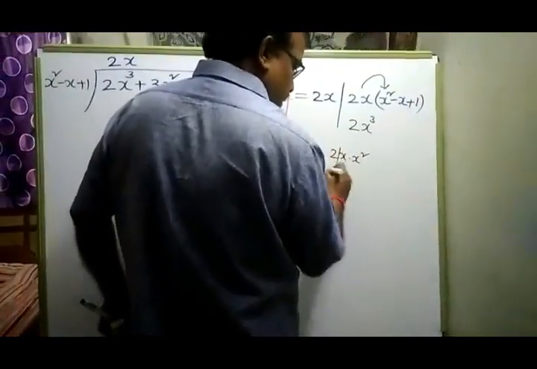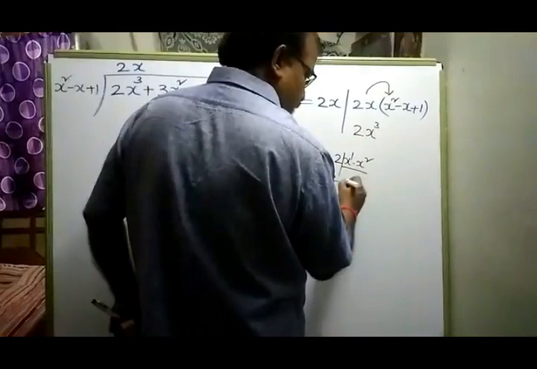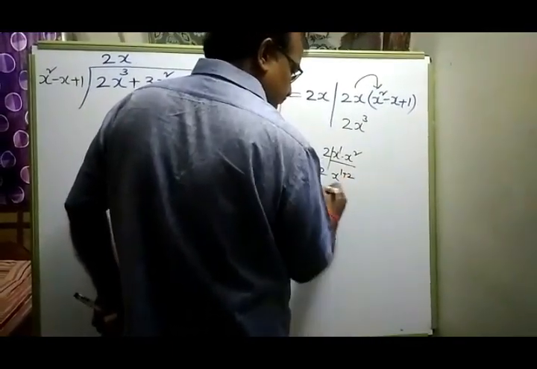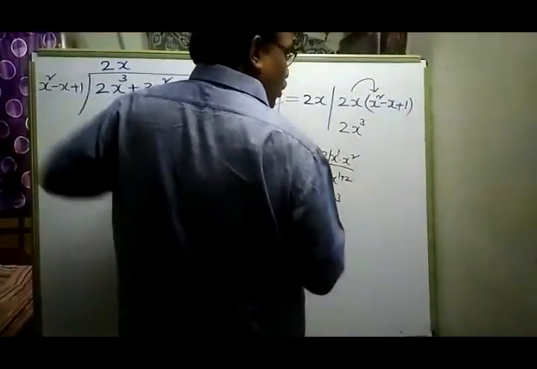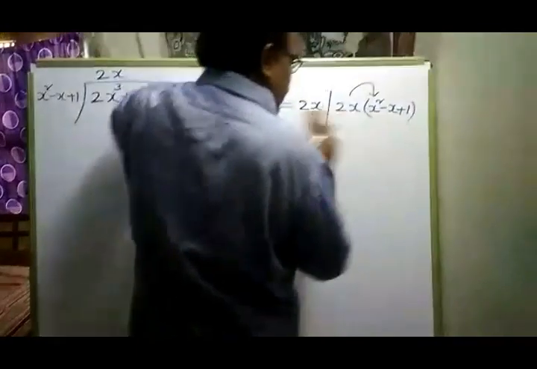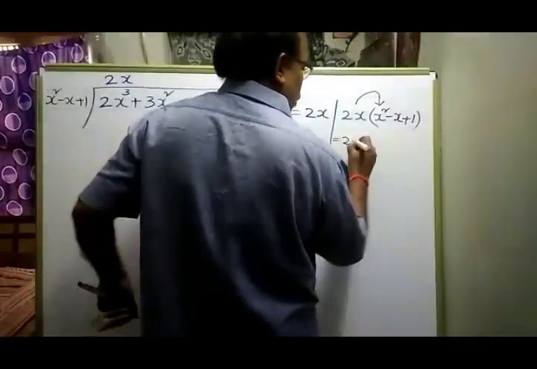That is nothing but 2 into x to the power of 1 into x square, using e to the power of m into e to the power of n is e to the power of m plus n. So the first one is 2x cube.